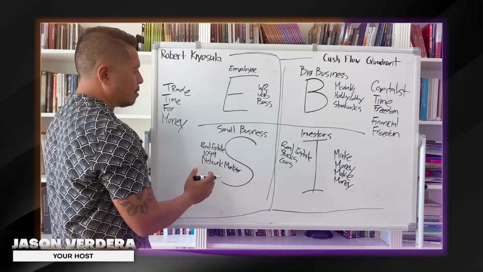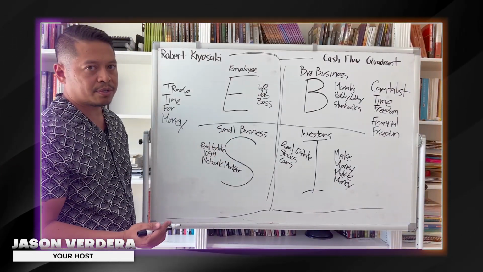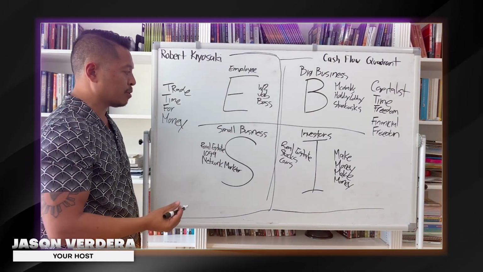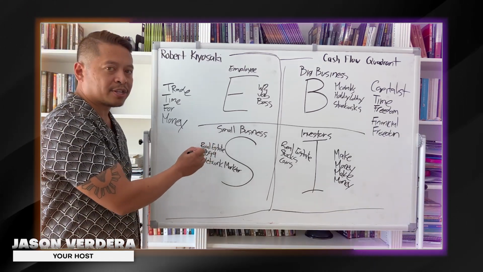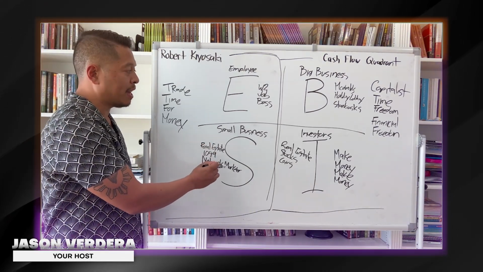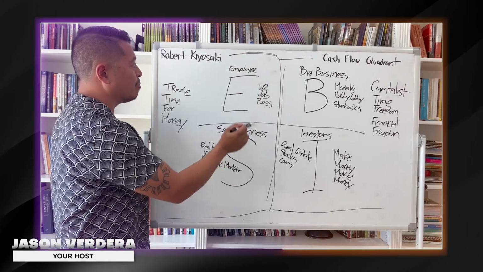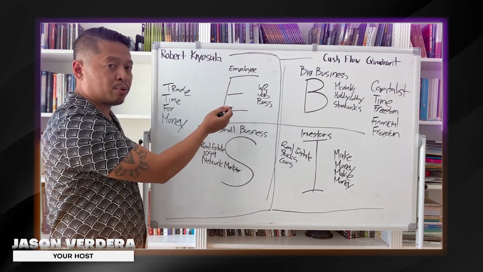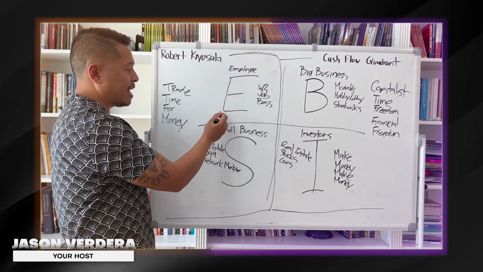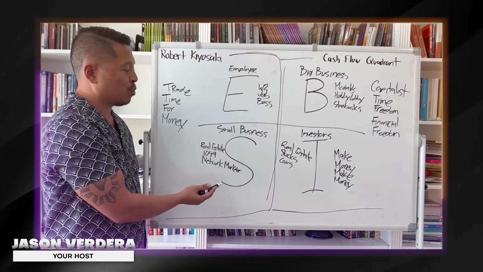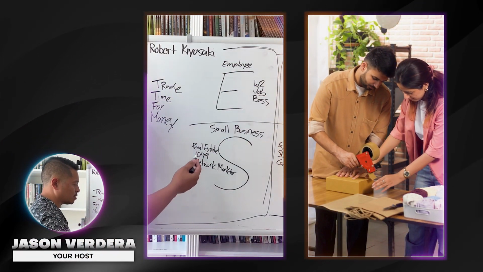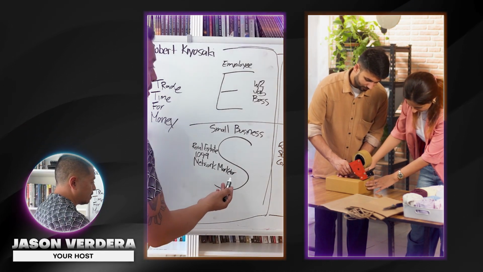Even over here, small business owners are probably some of the hardest working people on the planet. These guys work even more than the employees. Instead of 8-hour days, these guys really have 24-hour days. I totally get that because that's where we've lived our life a lot.